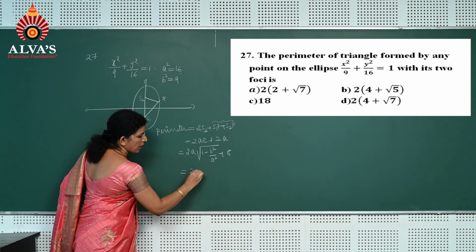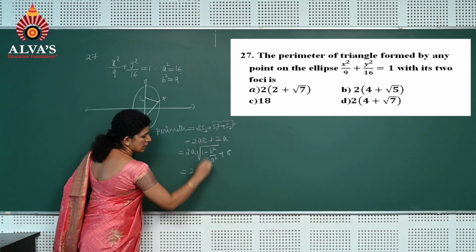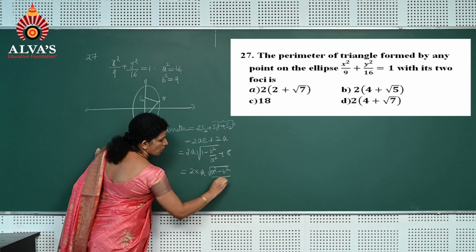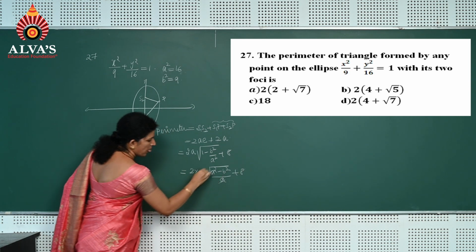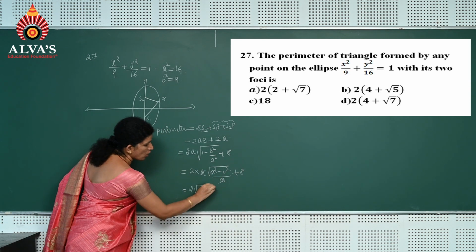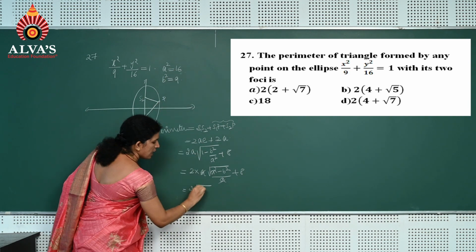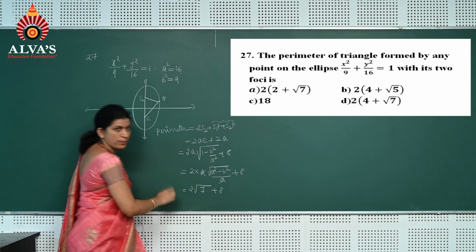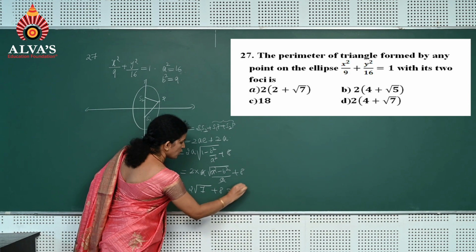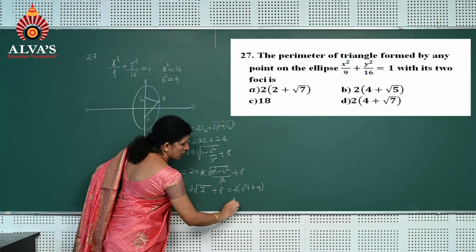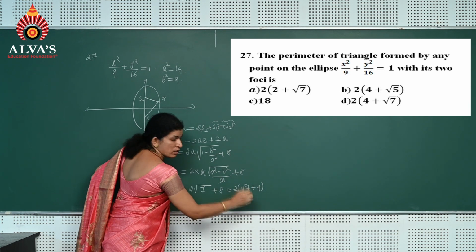And 2AE is 2 into root of A square minus B square, that is 16 minus 9, that is 7, plus 8. Taking 2 as common, it is 2 into root 7 plus 4. So the answer is D.